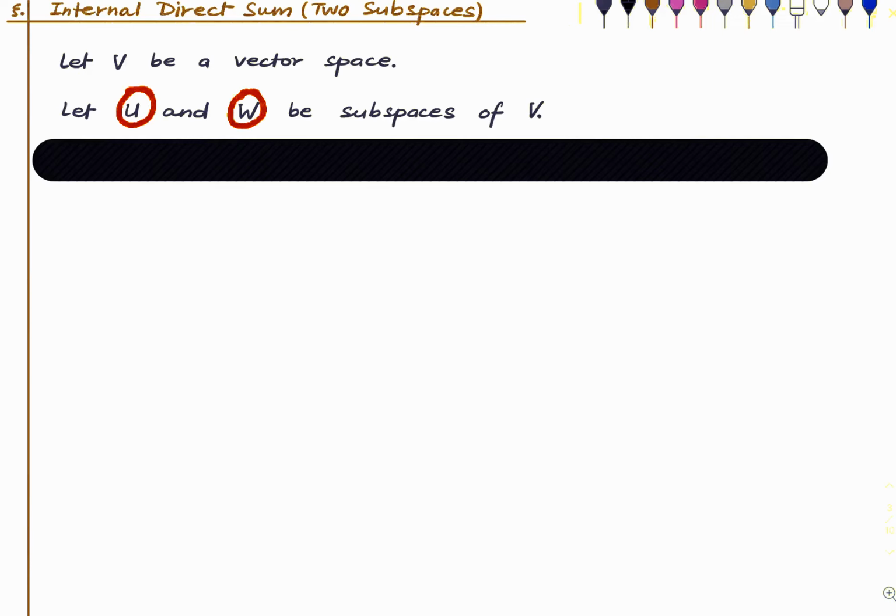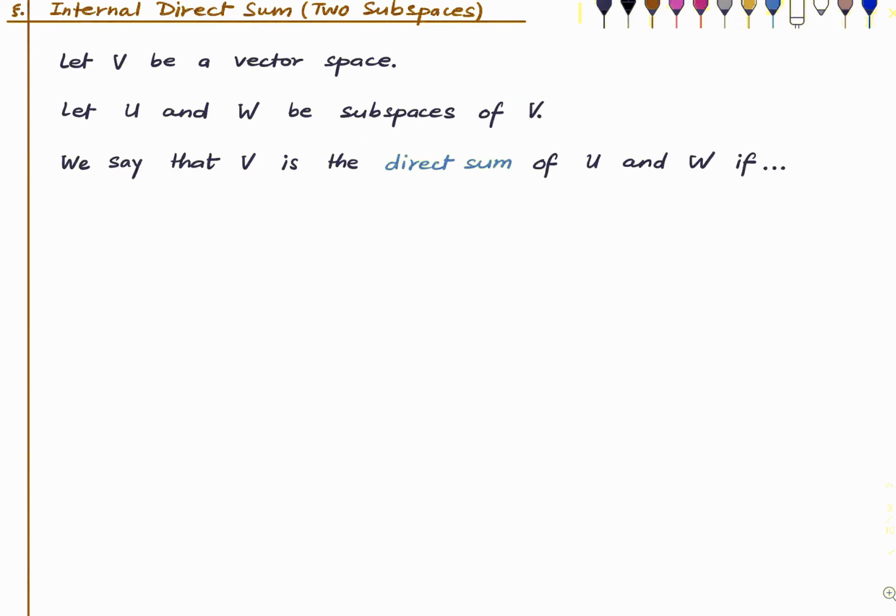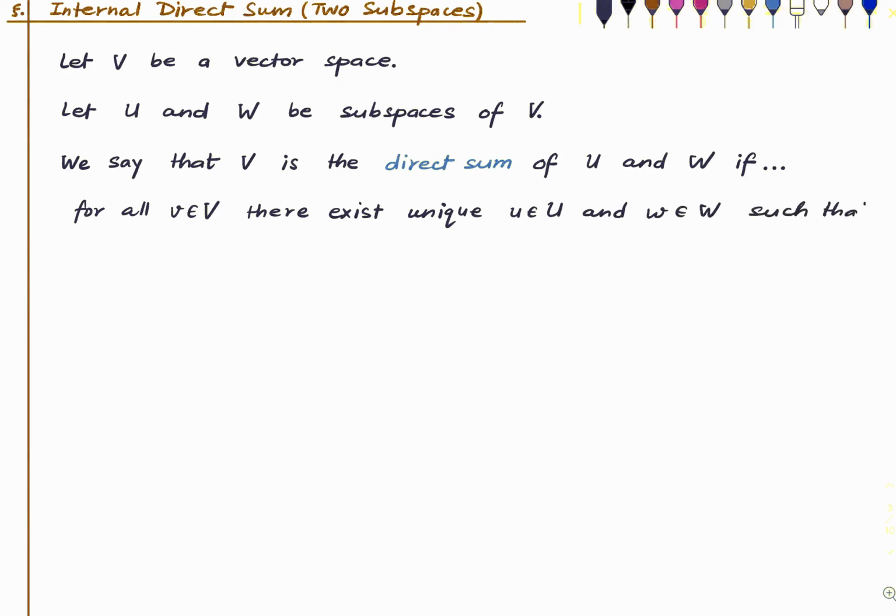Suppose U and W are two subspaces of V. We say that V is the direct sum or internal direct sum of U and W if for all vectors in V there exist unique vectors in U and W such that the vector V is the sum of U and W. Right? So that's the definition.